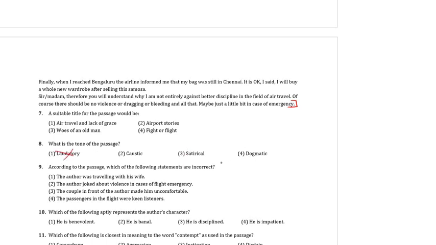Dogmatic is when I am taking one agenda or one theory and sticking to it no matter what. So it's more fanatical in nature. And again, because of that, I would eliminate it. Caustic is the one that best represents the entire passage because the author is talking in a very, very sarcastic tone.